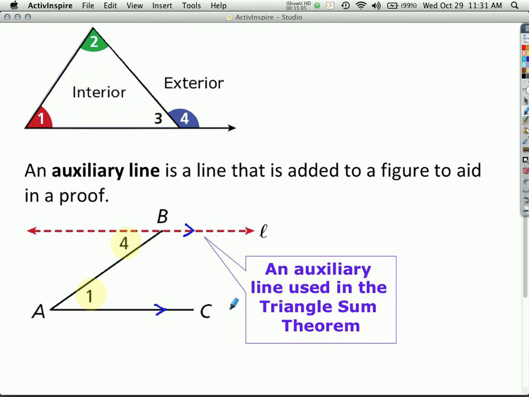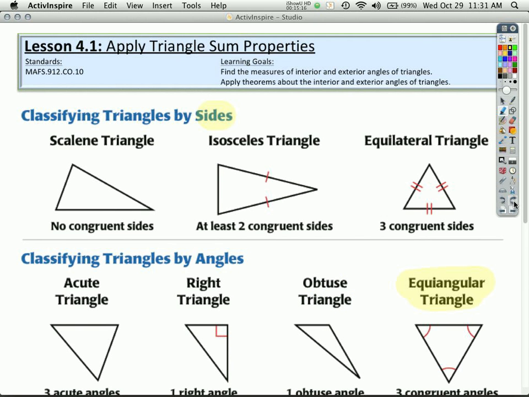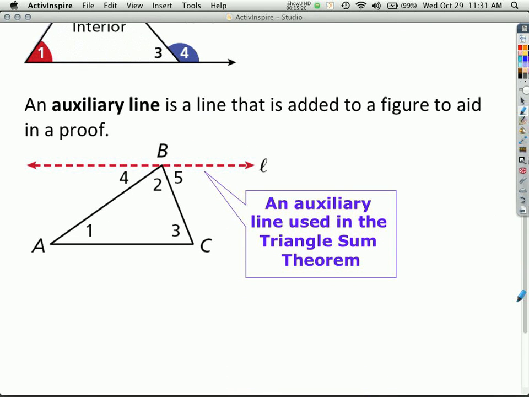You said that beautifully. Alternate interior angles. Those are congruent. Beautifully said. Had we not drawn the auxiliary line, we would not have been able to say that because we wouldn't have been able to see it. So an auxiliary line allows us to do things that we couldn't without it. Any questions about that?